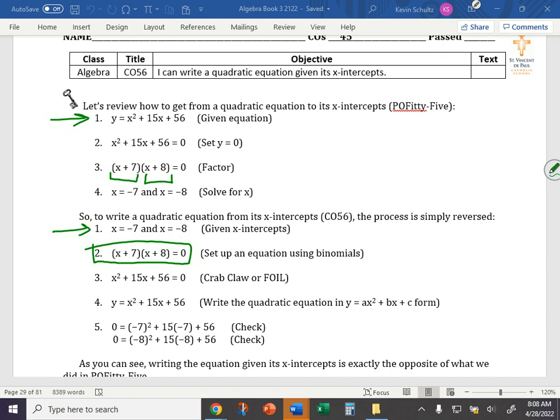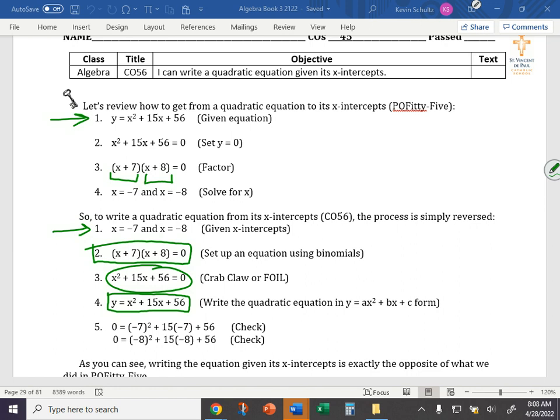And then how do you get to a quadratic equation from two binomials? How do you get this from two binomials? Crab claw or FOIL or box. Okay? Then to make it an official quadratic equation, you replace the 0 with a y to put it in y equals ax squared plus bx plus c form, and you're finished.